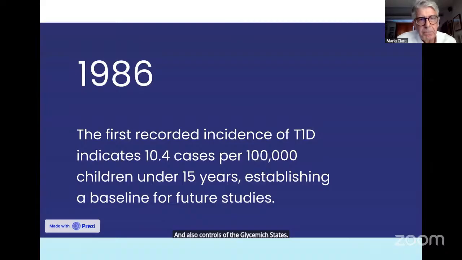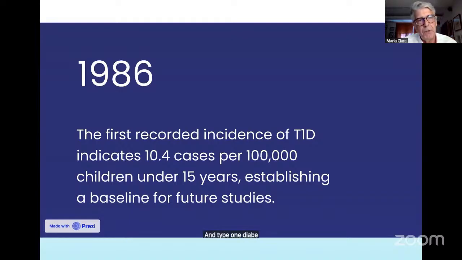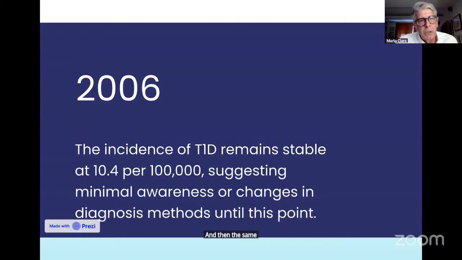But the major integrating question for Professor Marília Brito Gomes and the group is an increase of type 1 diabetes. In 1986, we had 10.4 cases per 100,000 people, and then the same number in 2006.